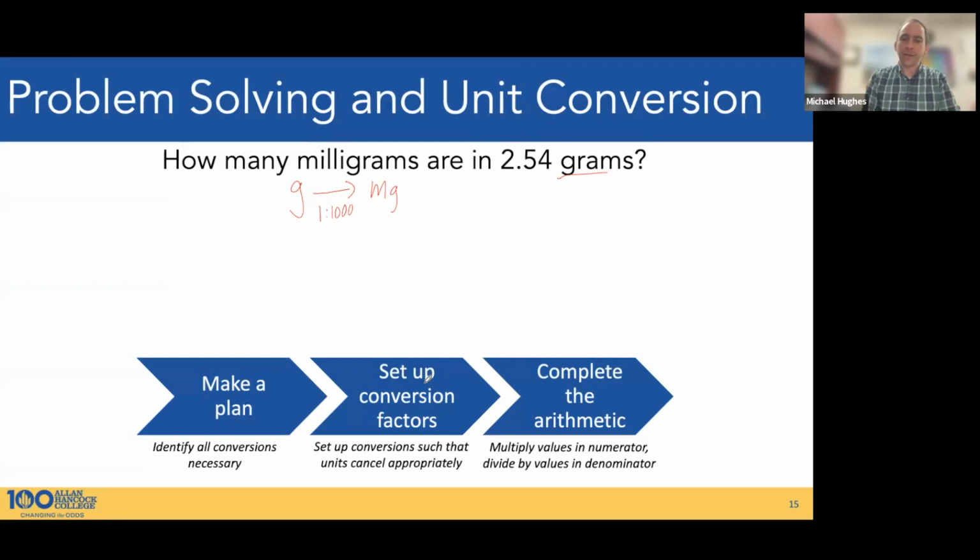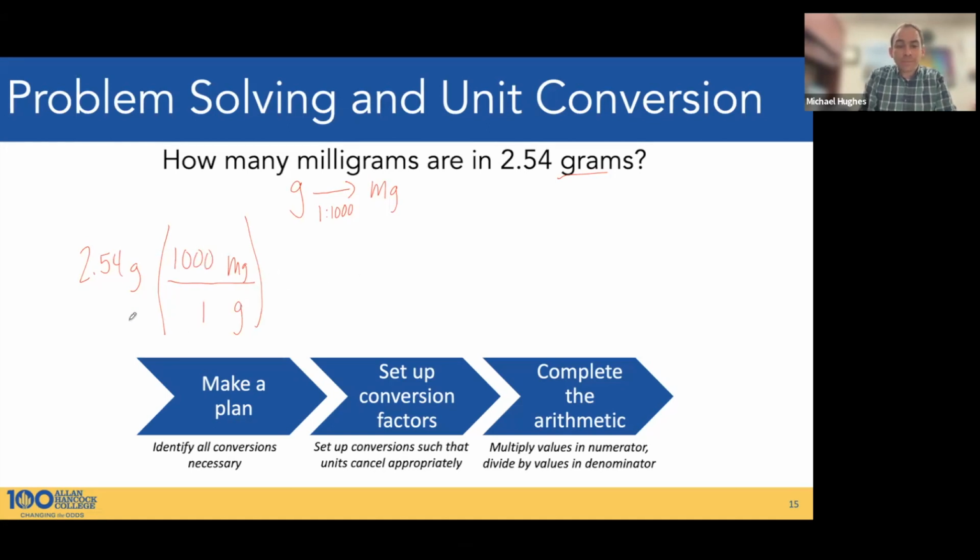Now we're going to set up the conversion factors. Where do we start? We start with what we know. What we know is that there's 2.54 grams. And then we're going to set up a conversion factor, a ratio that equals 1, that relates grams to milligrams. So how are these things the same? Well, when we have 1 gram, we have 1,000 milligrams.